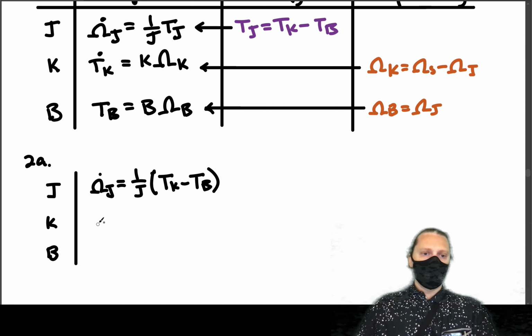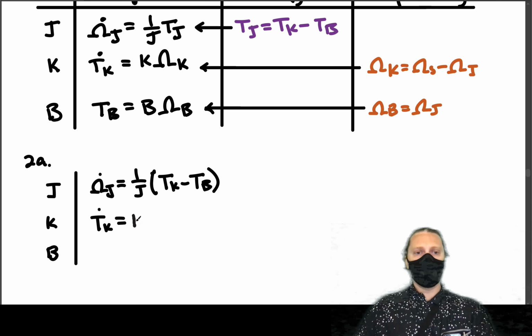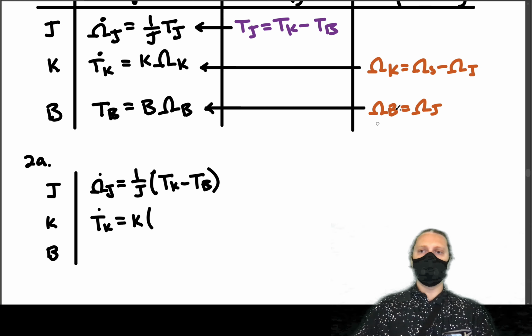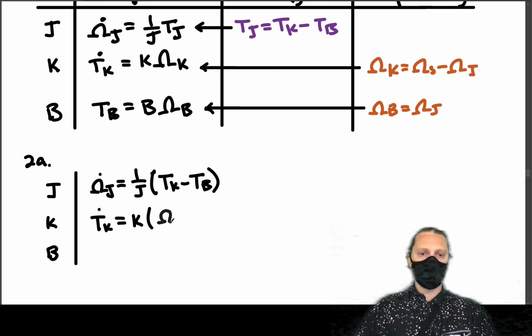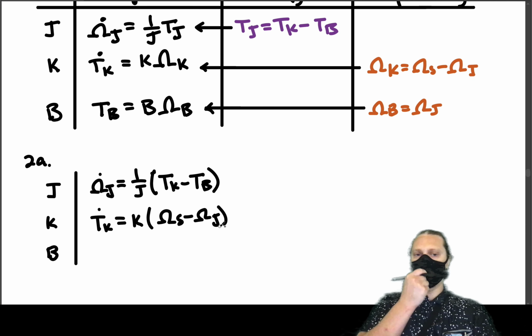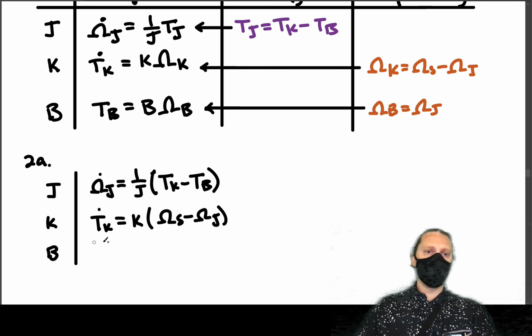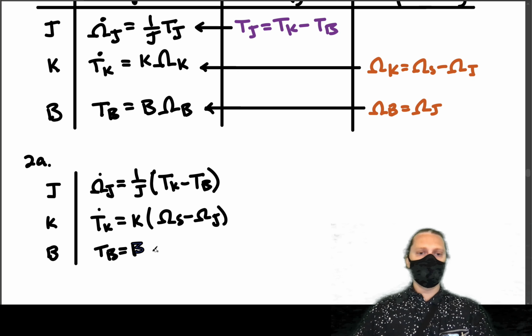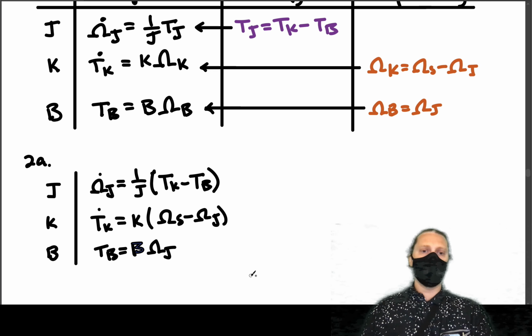For K, we have T_K dot equals K. Instead of omega K, we substitute in omega S minus omega J, the first orange equation. And we've got that equation. And then finally, T_B equals B. Instead of omega B, we substitute in the second orange equation, omega J.